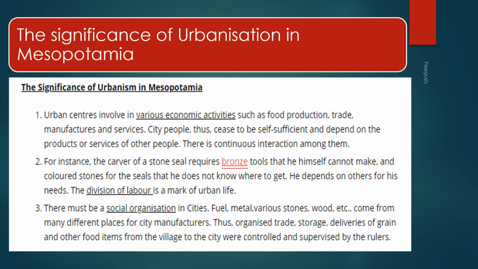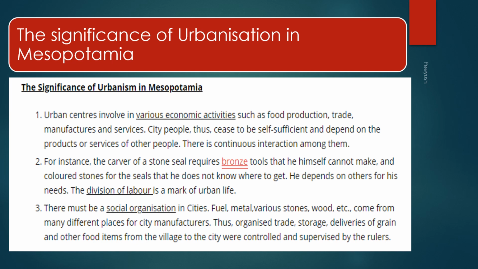And further, for colored stones for the seals, they had to depend on others to get the supply of colored stones. And thus we see that there was a clear division of labor, which was a symbol of urban life.